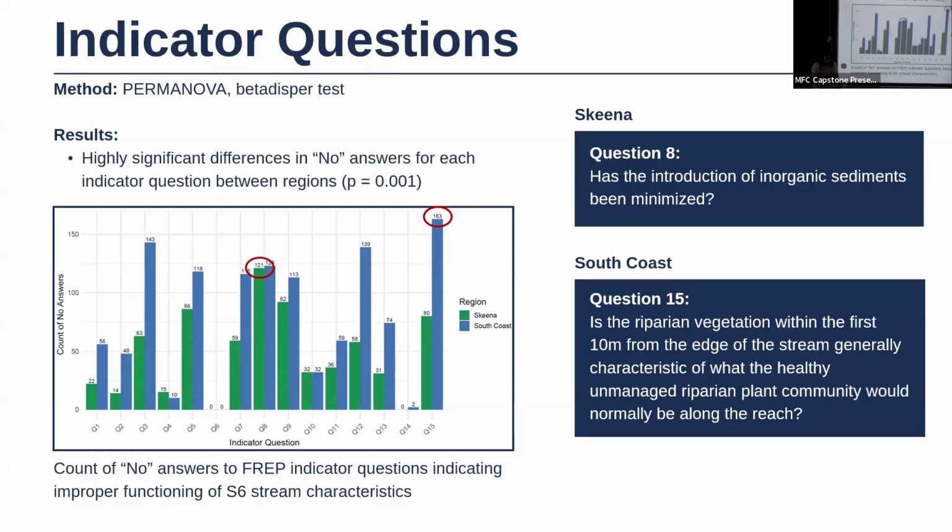Based on literature, it's likely due to logging too close to the stream, which exposes the subsoil and destabilizes the stream bank. And this is what leads to erosion and sedimentation. In the South Coast, this question was question 15, suggesting that S6 streams in this region are most often impacted by disturbance to the vegetation within the first 10 meters of the stream bank.